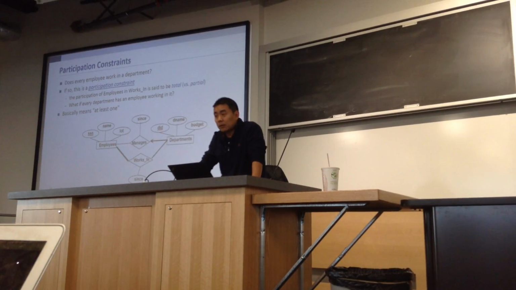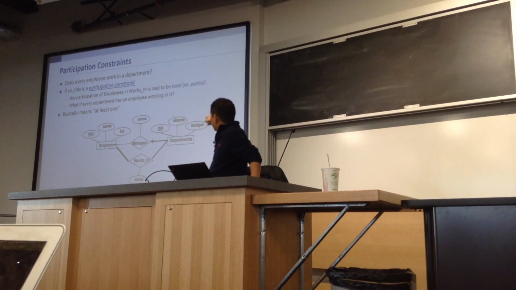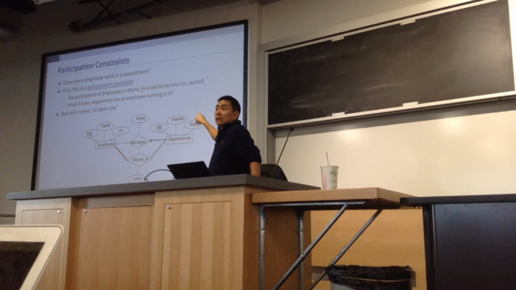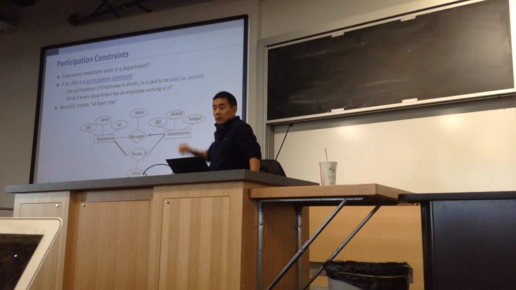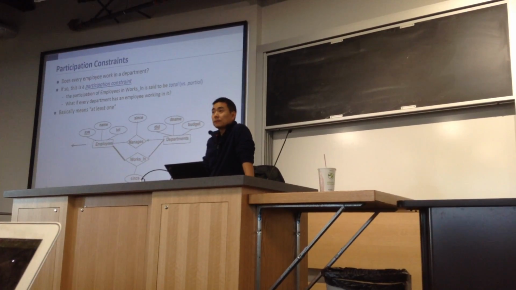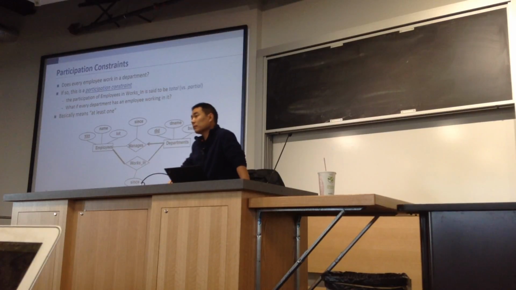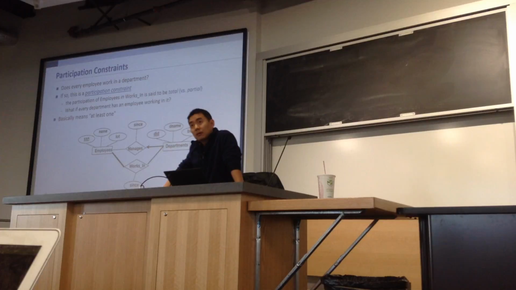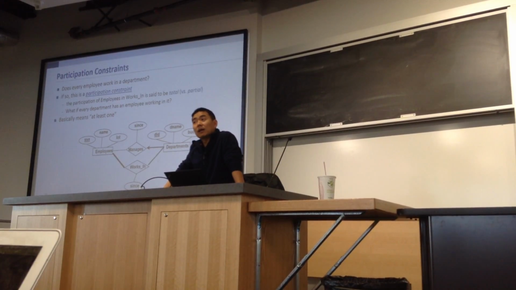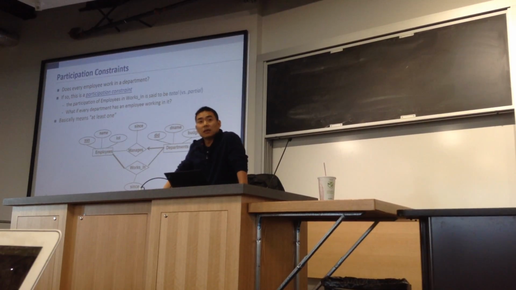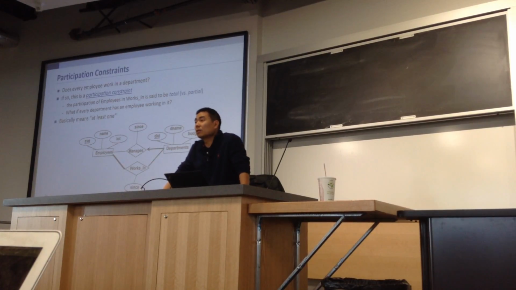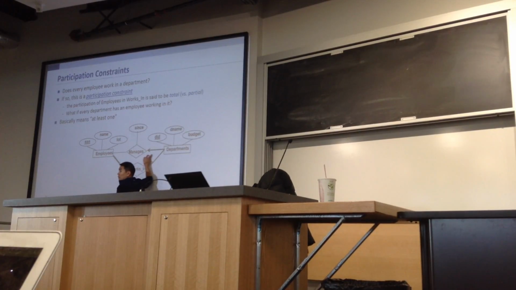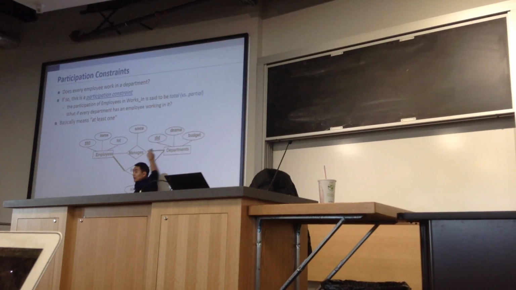If I continue with this example, if I use bold lines for that, can someone tell me what that indicates, what that implies? Is it that every department must be managed by at least one employee? Every department must be managed by exactly one. Yes, that's right. So first of all, it's a one-to-many mapping to begin with, one on this side and many on this side.